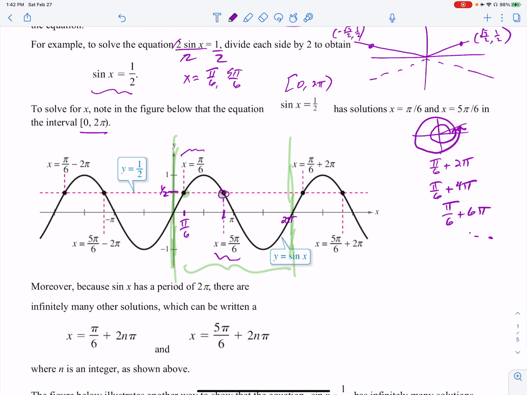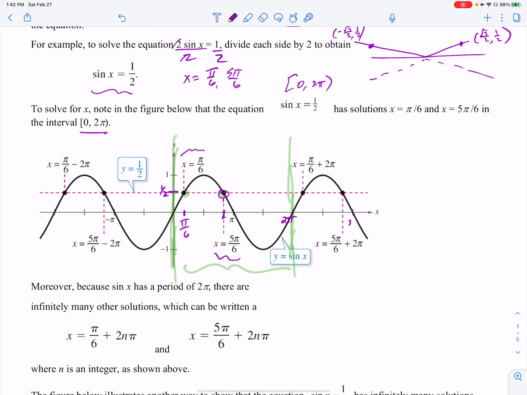So graphically, we can see this. They kept on going to the right. You have 2 pi, and then 2.5 pi, and then here's 3 pi. And if I keep on going to 4 pi, well, this graph is going to hit -1 at 3.5 pi and then be back at 0 at 4 pi.